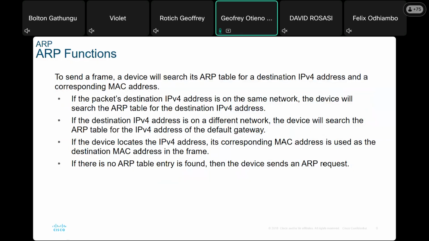In that case, I'll do a search on that ARP table for that particular destination IPv4 address, because now I'm targeting you, I'm coming to you. So that mapping must be there. It has to resolve the IPv4 addresses to MAC address, because mapping will come in that sense.